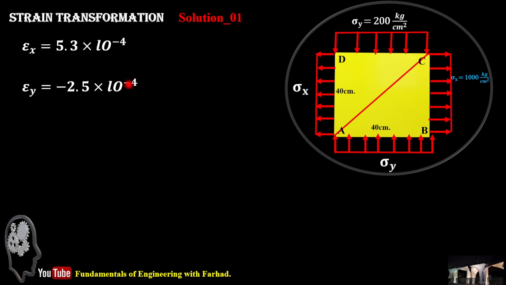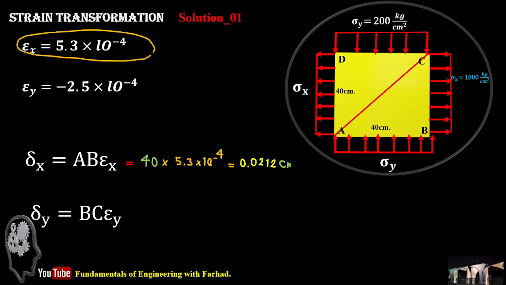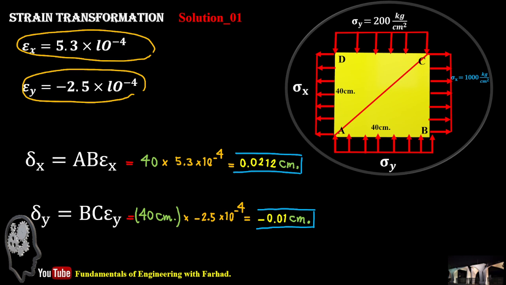If we have epsilon x and epsilon y, then delta in the x direction, which is AB, is AB times epsilon x, which we already have. Likewise, delta in the y direction is the initial length BC times epsilon y. With initial AB being 40 times epsilon x, which is 5.3 times 10 to negative 4, we get this amount in centimeters, and likewise for epsilon y, we have either an increase or decrease in length in the x and y directions.